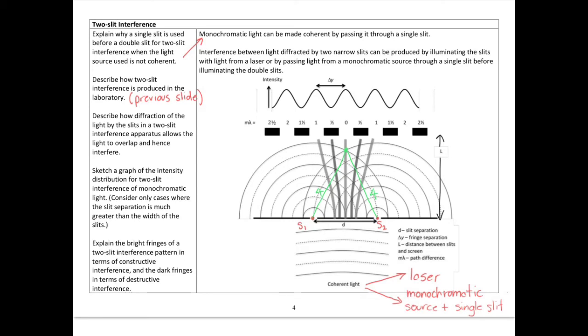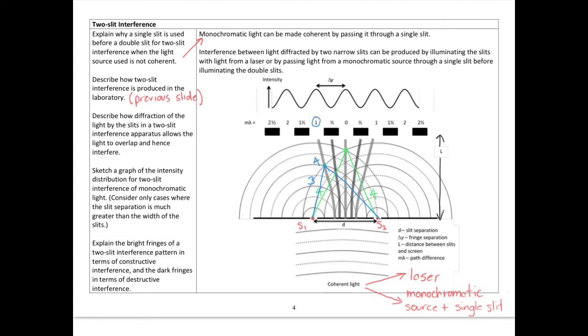If we come across to this one here, path difference, distance there, go with a blue, of 3, distance here of 4. So the path difference there is one whole wavelength, so we get constructive interference.